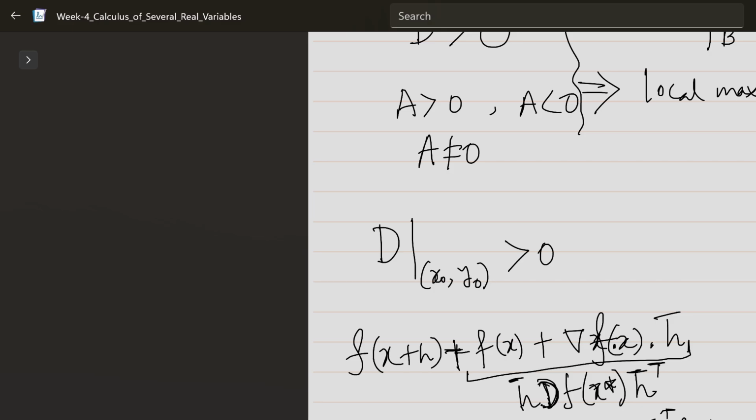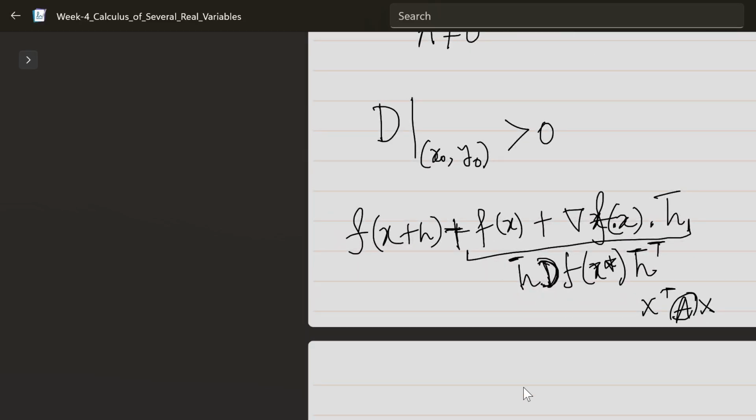If you know matrix theory, if this A is a positive definite matrix, positive definite means it is positive for all points. Then you have this D positive throughout the region. Then you will get global maximum or minimum accordingly.